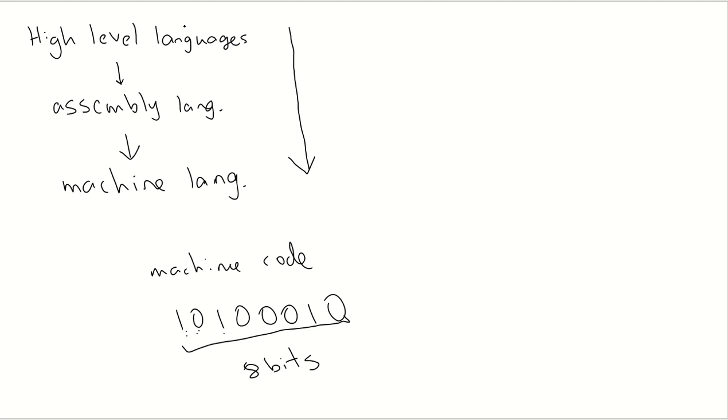So the more bottom you go in the hierarchy, the closer the language is to machine code, and as you go higher, the language is closer to the language that we speak every day, like English, which means high-level languages like Python and Java are more similar to English than assembly language is.